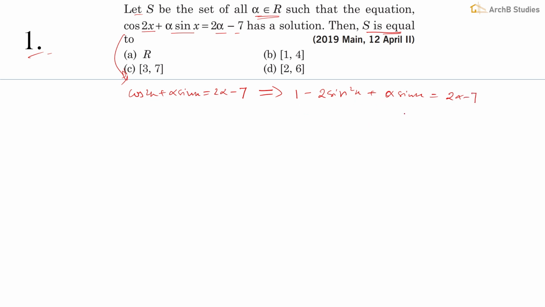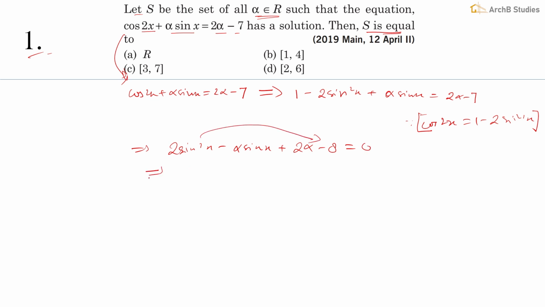How it came? Cos 2x equal to 1 minus 2 sin square x. So this gives us 2 sin square x minus alpha sin x plus 2 alpha minus 8 equal to 0.